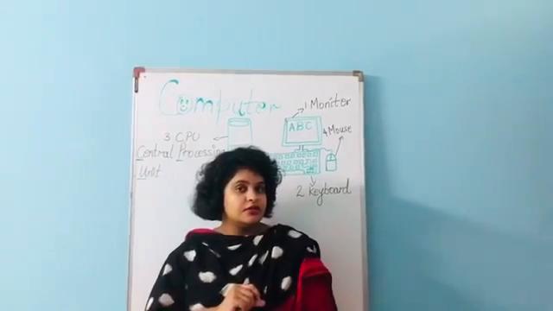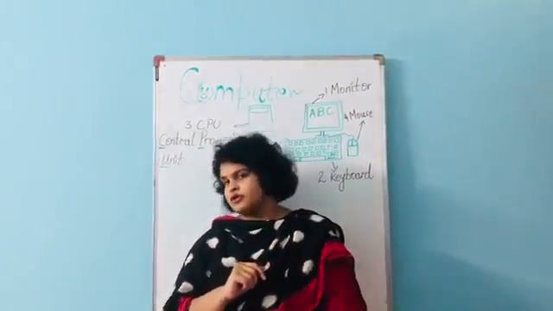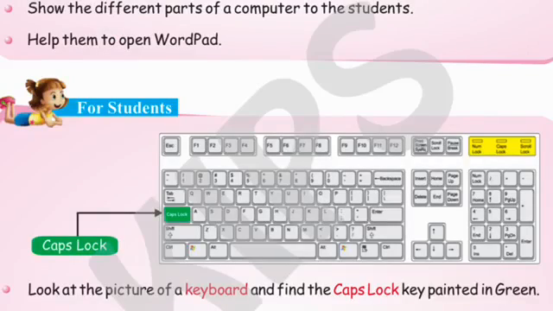Kids, let us look at the picture of the keyboard in the book. Now, can you see the key which is highlighted in green? You can see it? Yes. So, that is the caps lock key. C-A-P-S. Caps means capital. L-O-C-K.